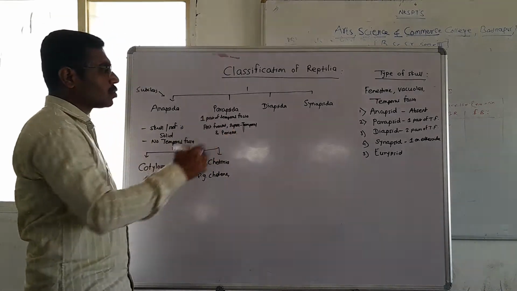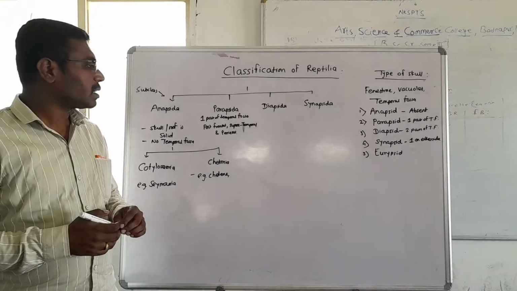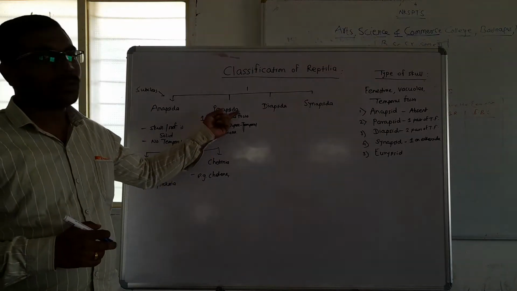These three bones are surrounding the temporal fossa.